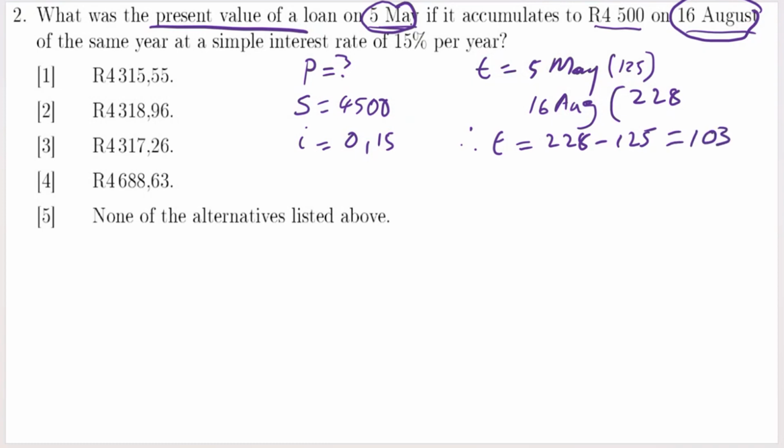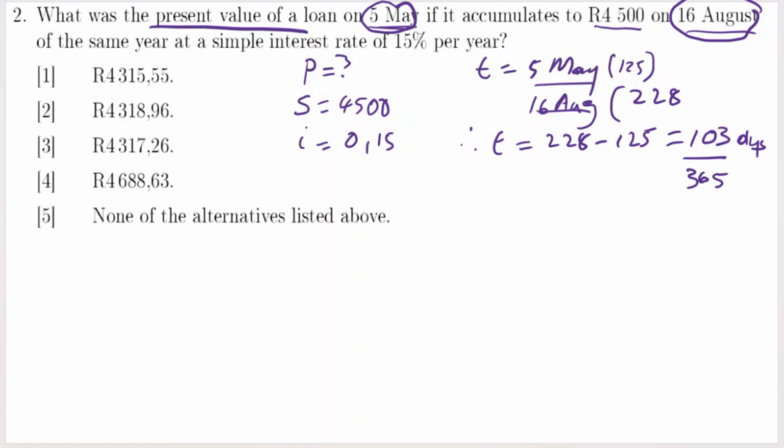The days between these two dates is 103. Since you're working with days, you're going to divide by the number of days in a year, that is 365. So that was the only thing that was highlighted by this question.